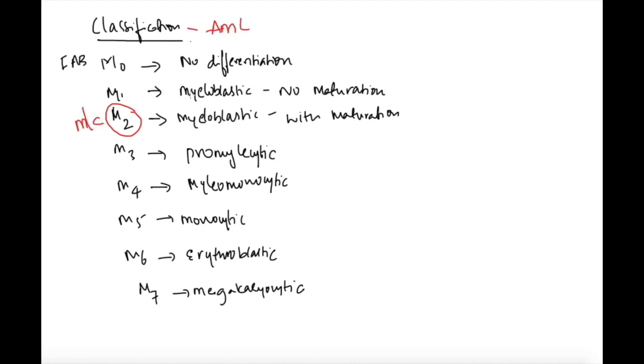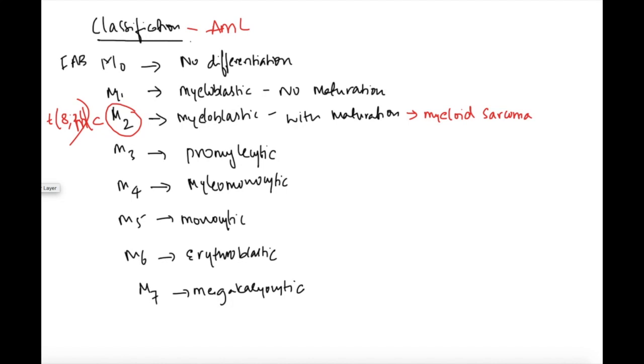This is associated with what is called myeloid sarcoma. And M2 is associated with one translocation which I just told, 8;21, associated with good prognosis.